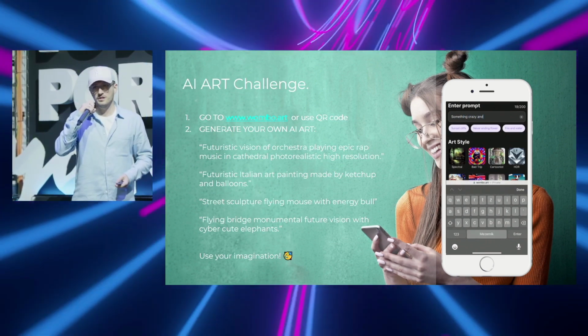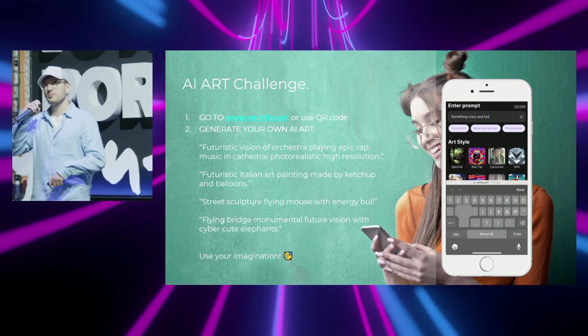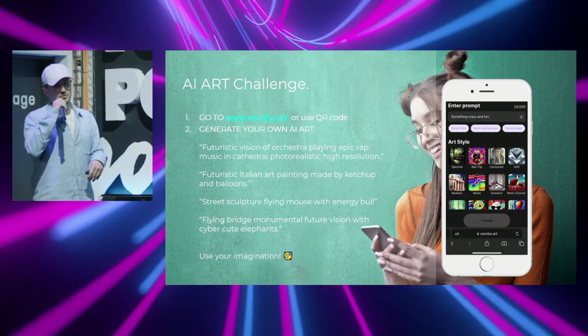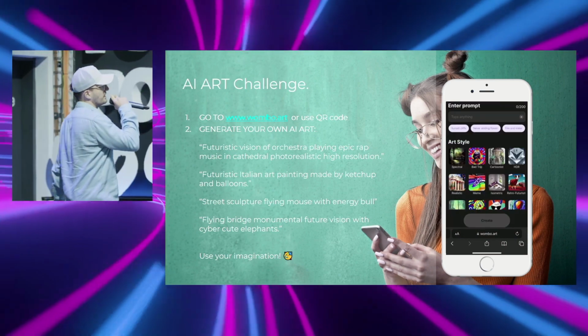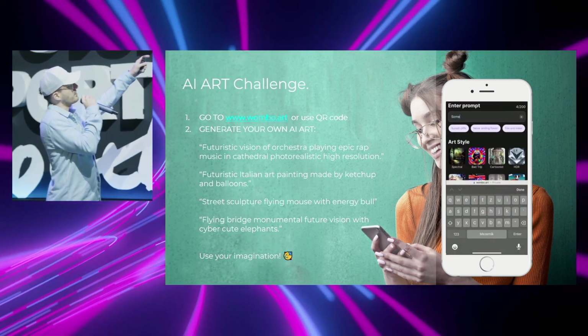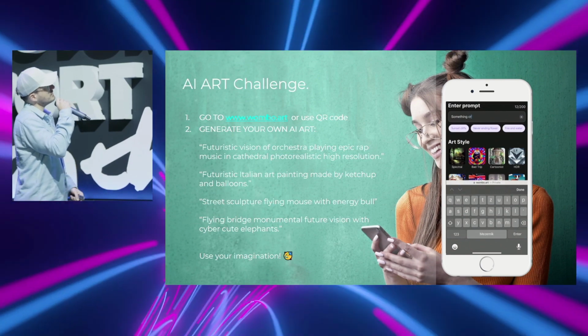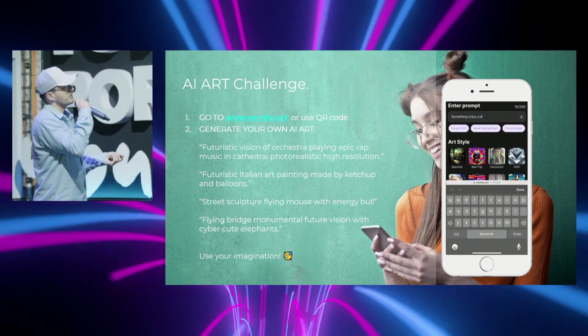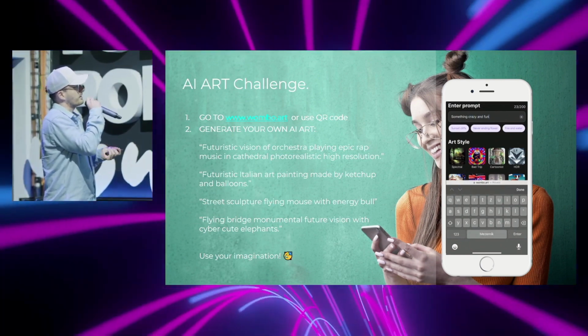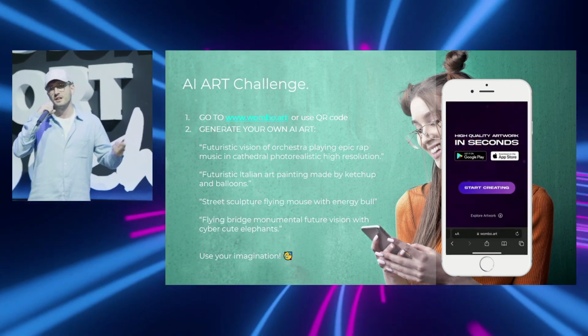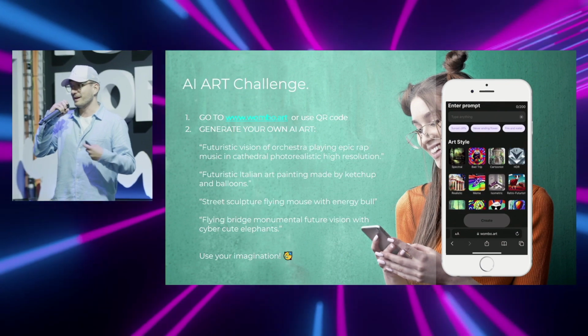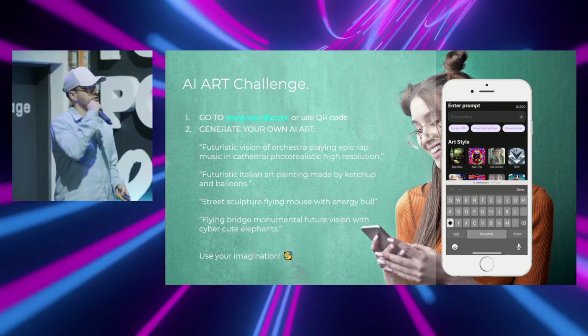Use your imagination, do not limit yourself, put in any ideas you like, anything you would like to see or combine. I put in some examples, like a futuristic vision of an orchestra playing epic rap music in a cathedral, photorealistic, high resolution, or things like that. But you can do whatever you want to produce your picture.